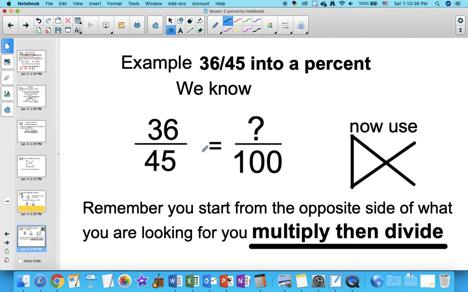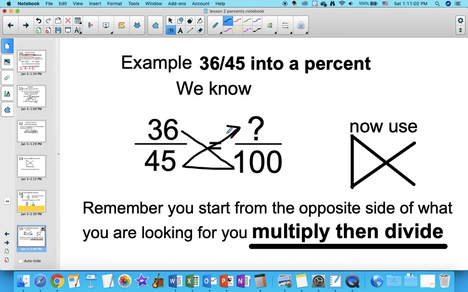So now that we have this, we use the fish trick. You start on the opposite side of what you're looking for. We're looking for this. You start here and you multiply, multiply, then divide to get your answer. A common mistake with this trick is to divide, then multiply. No, multiply, then divide.